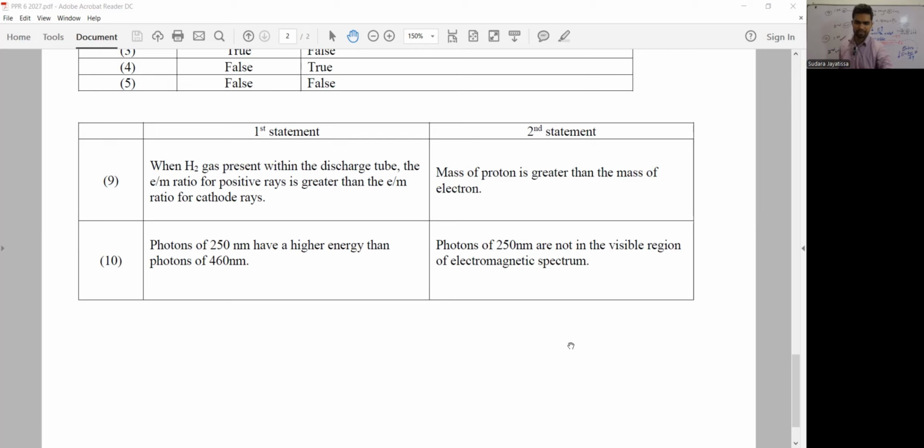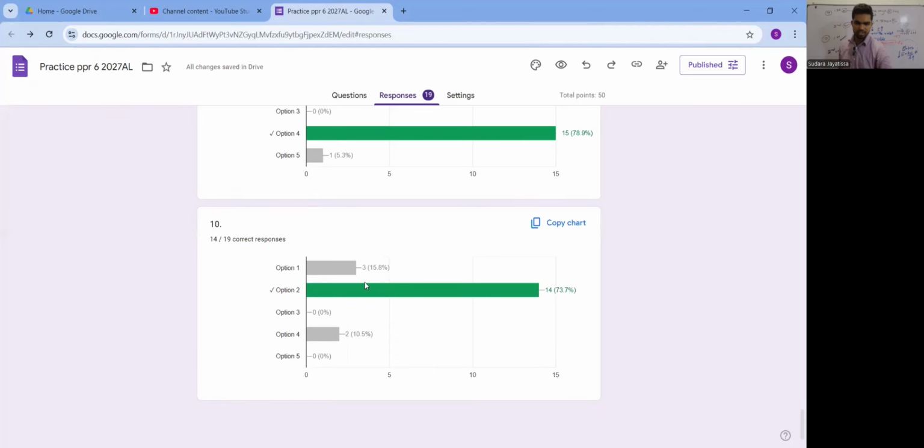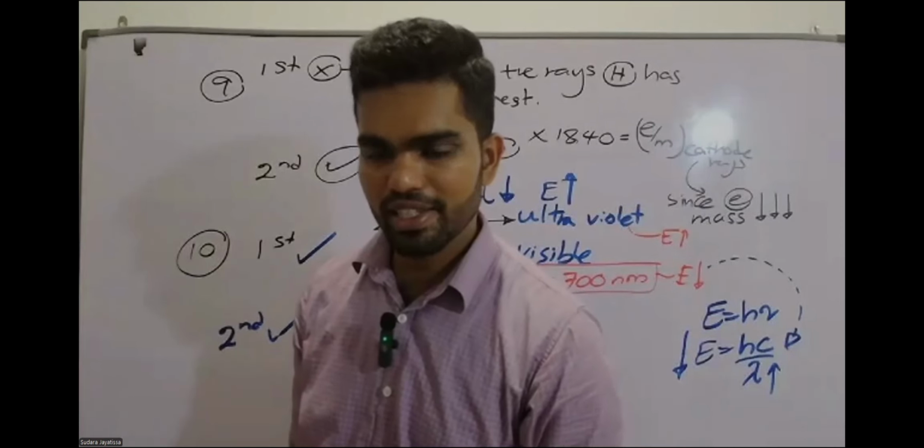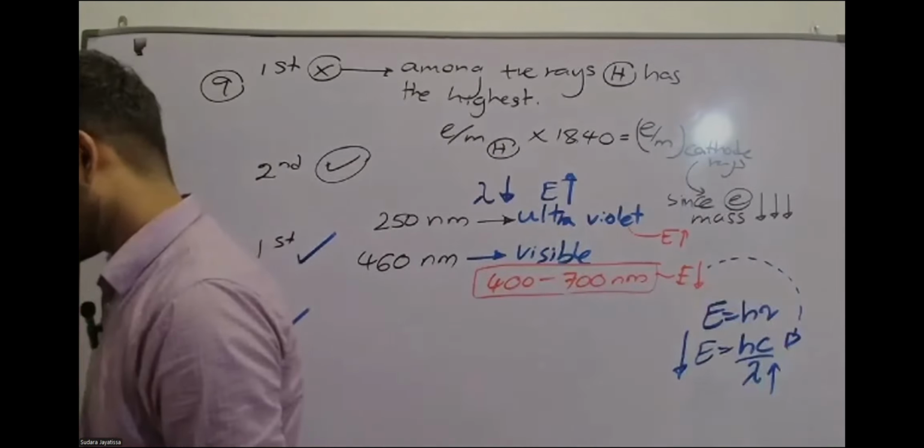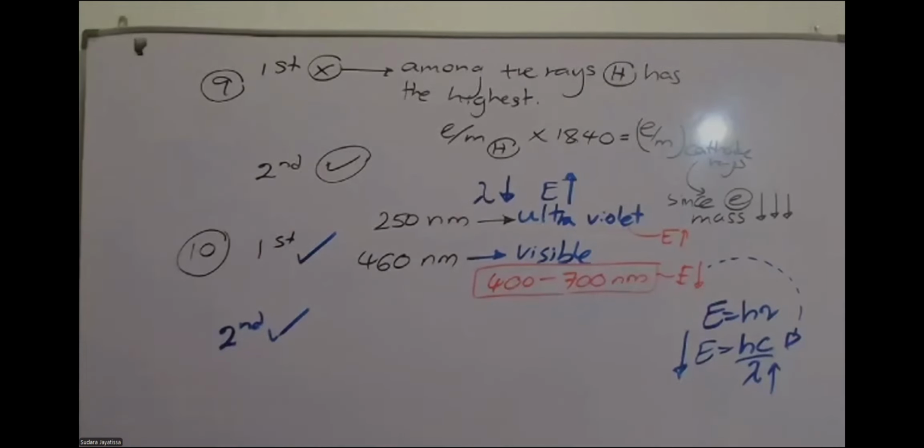Look at your answers. Yeah, majority of you got the correct answer. Good. But three of you selected one. Even though it does not belong to the visible region, we can't be sure whether it belongs to the infrared, isn't it? So the reason is this. Saying it's not in the visible region is not enough.